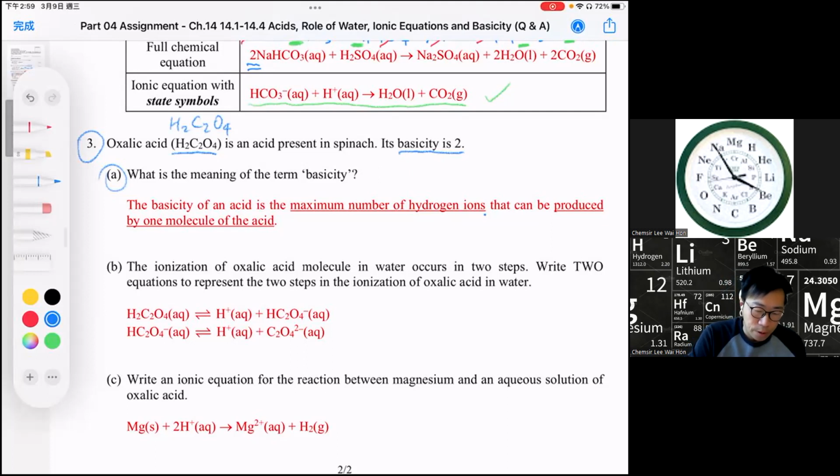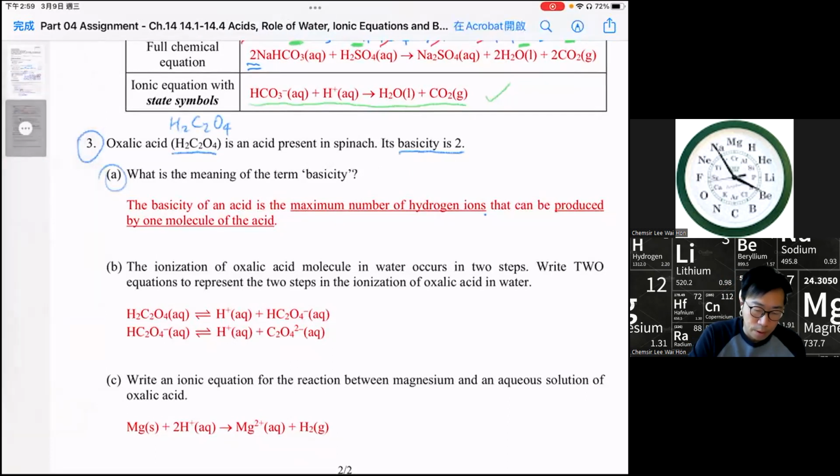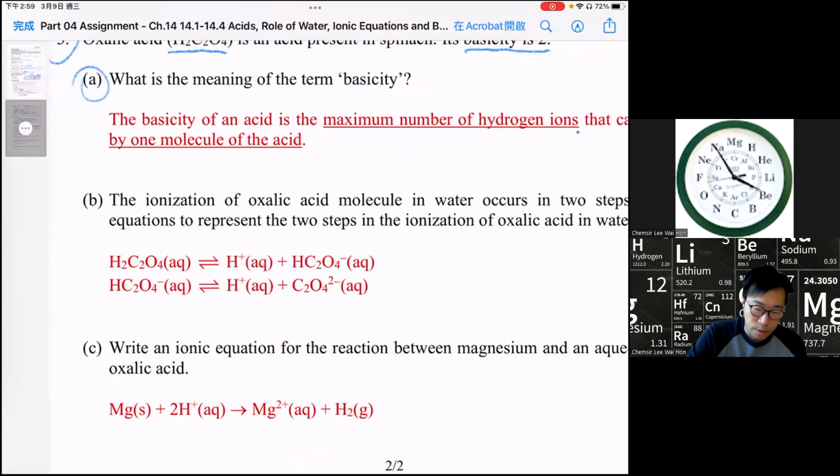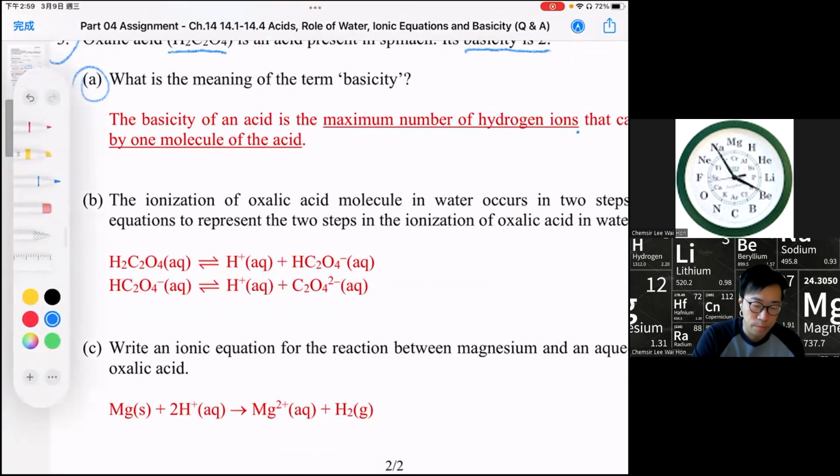And then in part B, I found that some of you seem to have some difficulty in writing the ionization steps for a dibasic acid. So let me try to use a general principle to illustrate to you. If it is a dibasic acid, maybe the oxalic acid can be represented by a formula.